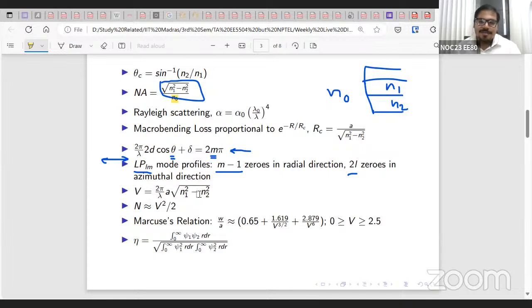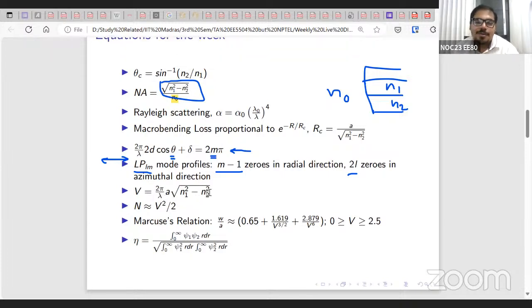So for a V number below some specific value, 2.408, your waveguide will not support any modes higher than LP01. So those waveguides will be termed as single mode. So this V number is the important parameter.